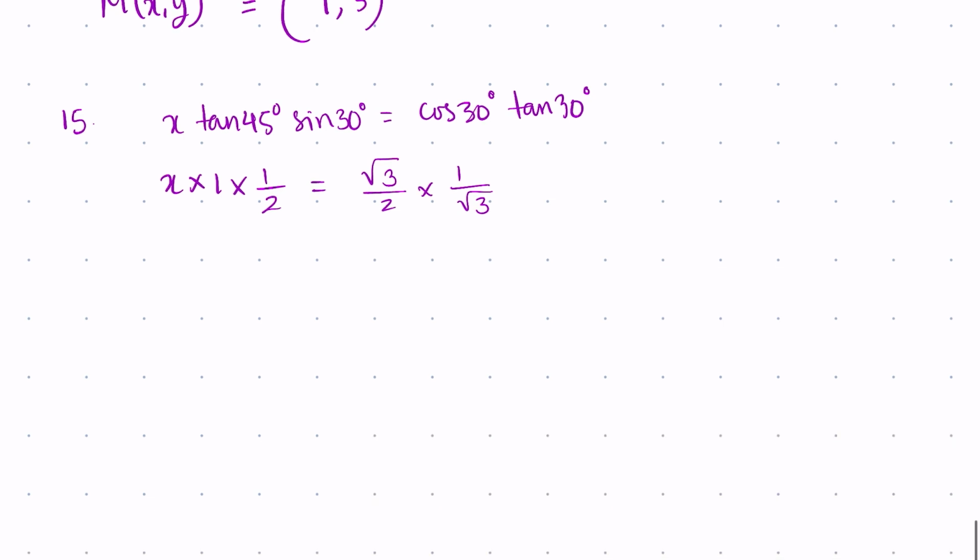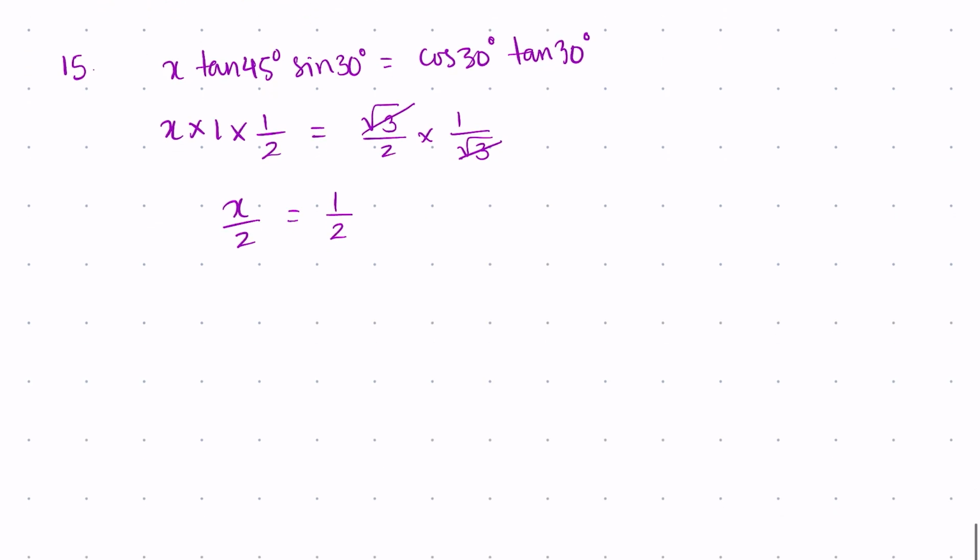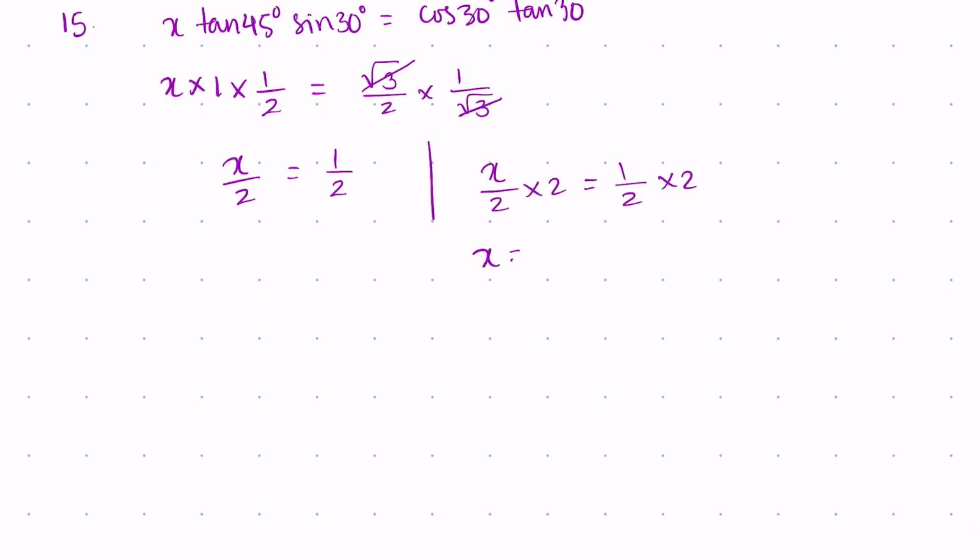This cancels. So x by 2 is equal to 1 by 2. Multiplying 2 on both sides of the equation, we get x by 2 times 2 is equal to 1 by 2 times 2. Therefore x is equal to 1, which is our required answer.